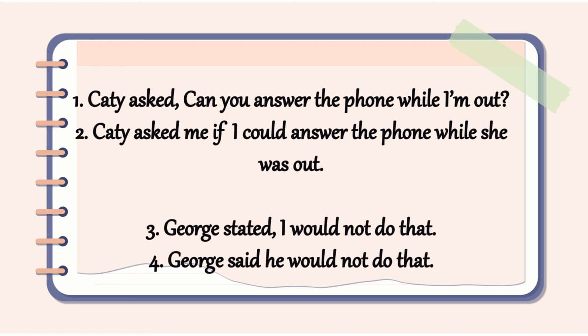If the modal verb is already in its past form, it does not change when reported. For example, George stated, I would not do that. So if you want to say it in reported speech, George said he would not do that. So you don't need to change the word would because it's already in the past.